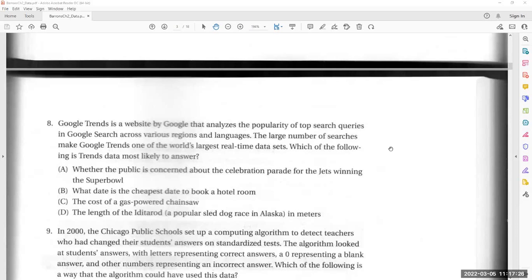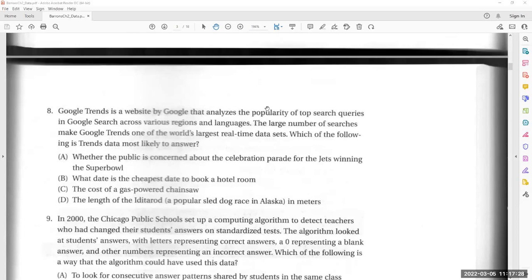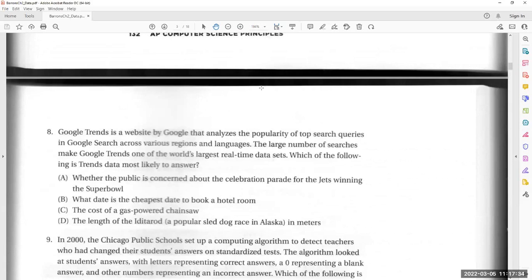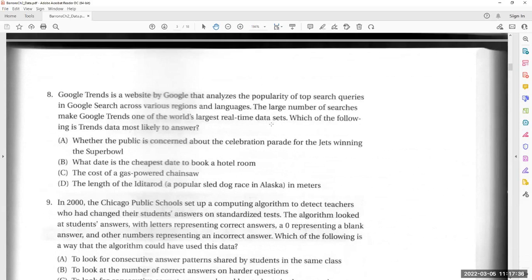So the reason I want to do this kind of practice is to help you identify the key idea you need to grab when you look at the problem. Otherwise, the word problem is so long, you may read it for a long time. We try to minimize your time to answer it, okay?